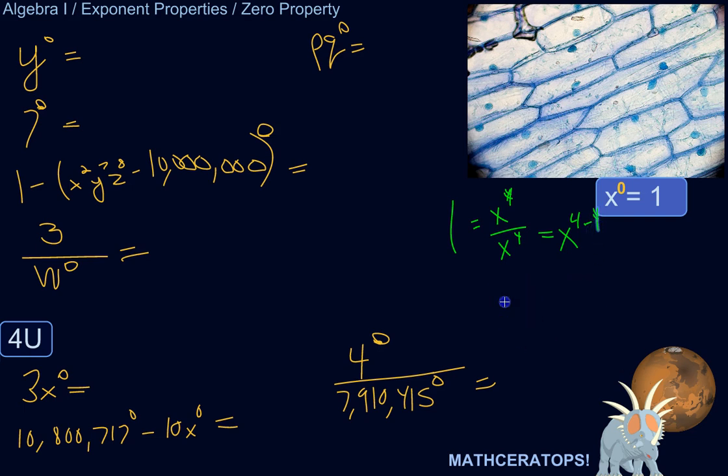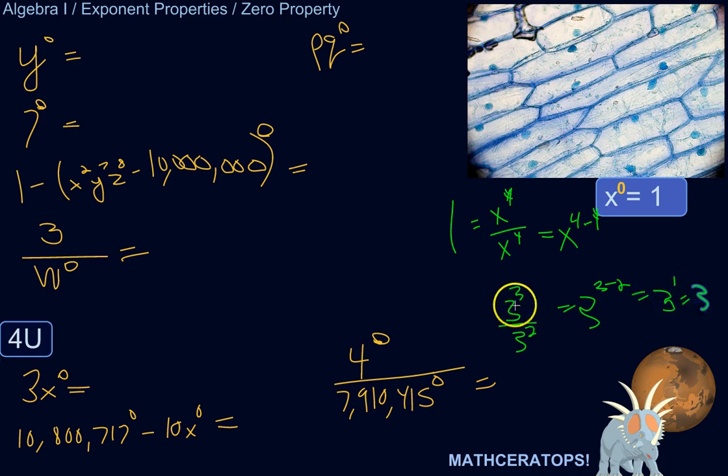Let's back up. How about 3 cubed over 3 squared is equal to 3 to the 3 minus 2, which is 3 to the first, which is 3.